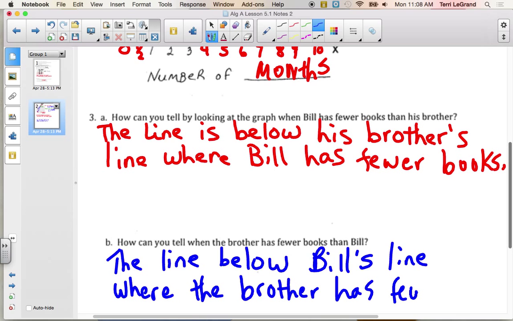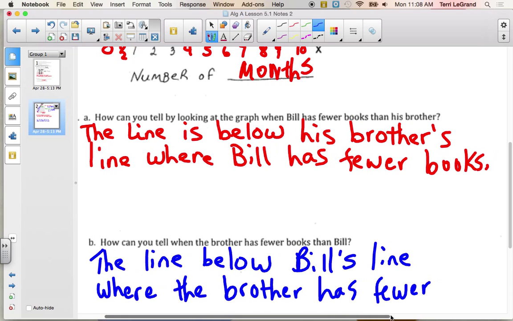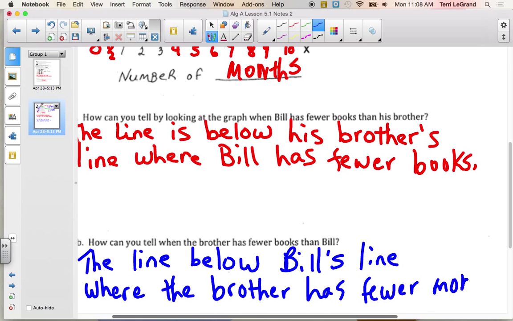So in the beginning, Bill's collection is larger, which should make sense, because he started with more, right? But then all of a sudden, his brother catches up to him. When does his brother catch up to him?